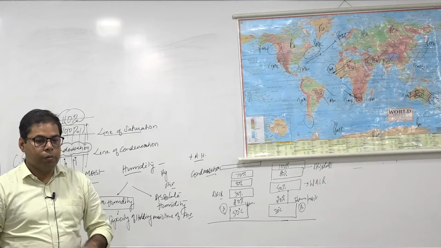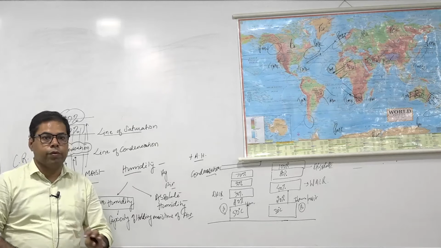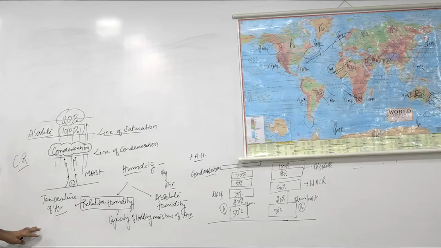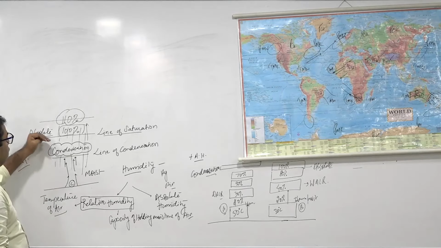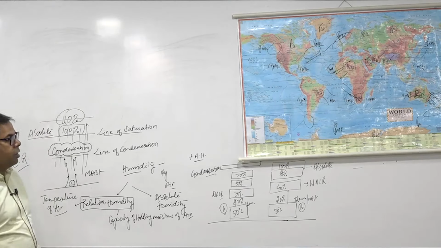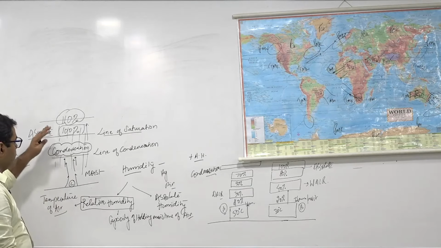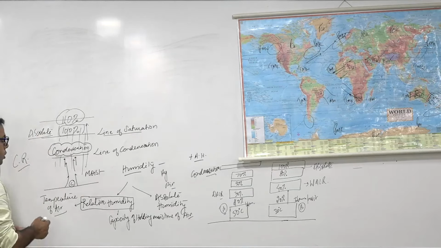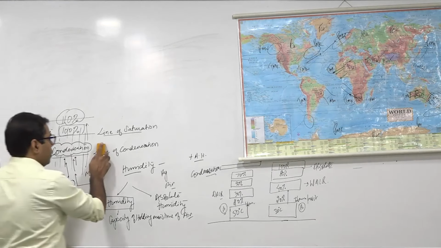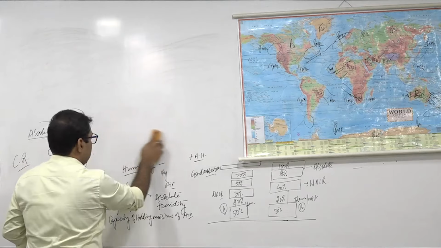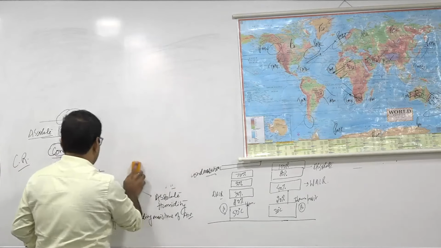So then permanently dry condition will prevail. But here, there will be heavy precipitation and the water contribution will be greater. Right? So this is the precipitation, meaning the moisture content in the air is responsible for the formation of clouds.